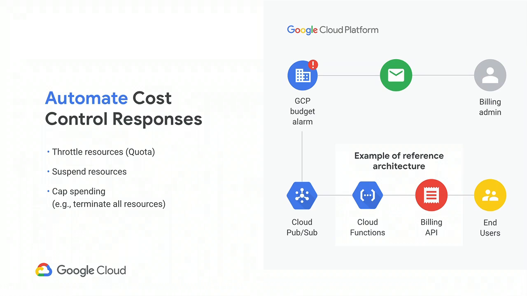And then just the mental model for how programmatic budget alerts and programmatic consumption of those alerts work. The manual method is we send an email to the billing administrator and say your spending is approaching your threshold. You might want to do something about it, or just a heads up. Programmatically, if we sent the same message to a Pub/Sub topic, you could have something like a Cloud Function ingest the Pub/Sub topic message anytime it arrives, and then decide what to do with it.